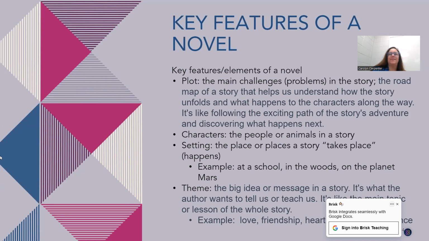So the plot is like the main challenges or problems in a story. And the way that some people describe it is that it's a roadmap of a story that helps you understand how the story unfolds and what happens to the characters along the way. It's like following the exciting path of the story's adventure and discovering what's going to happen next.